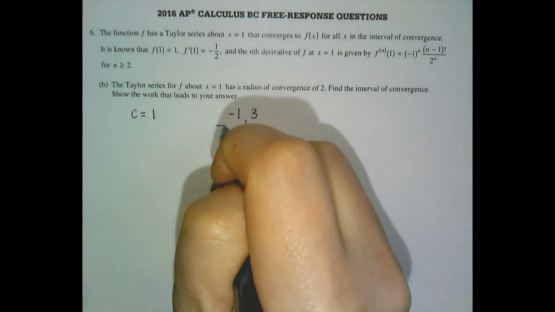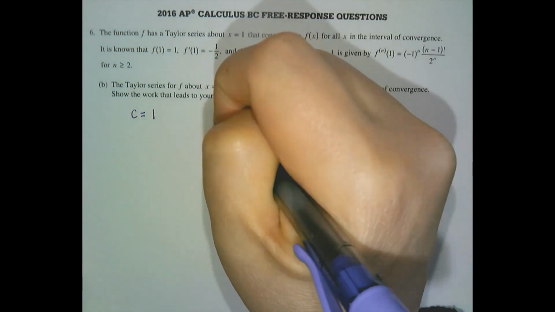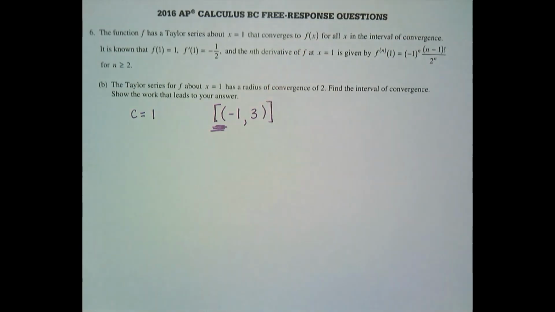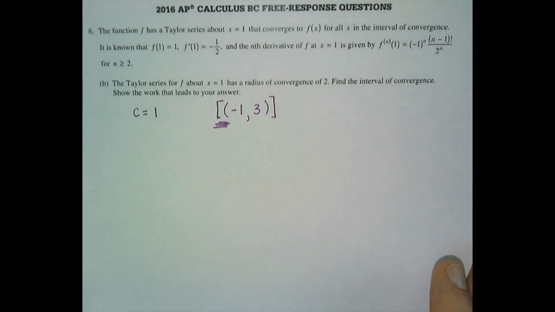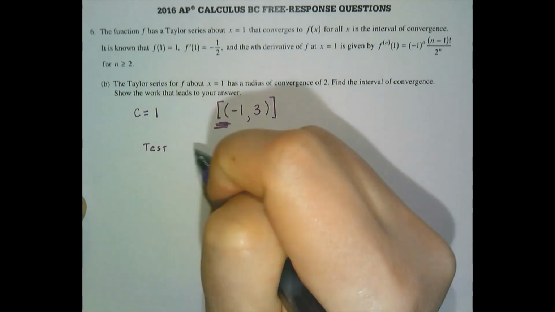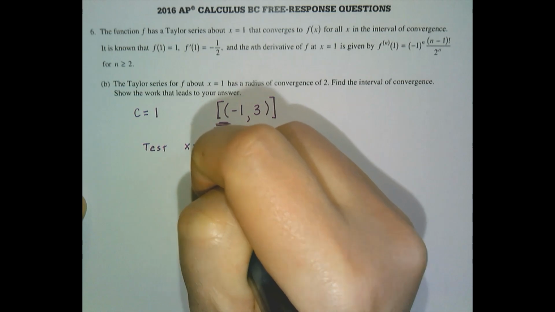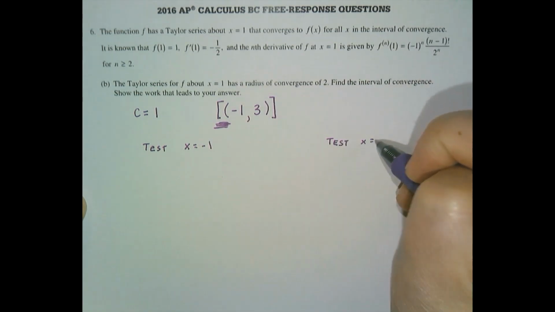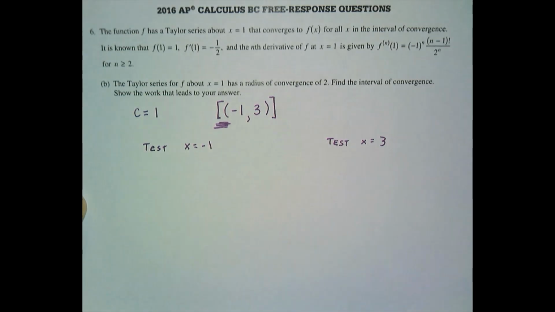We just need to determine whether we include the endpoints in the process of identifying our interval of convergence. So we are going to test when x equals -1, and we're going to test when x equals 3 to determine whether or not those two things would be part of the interval of convergence.